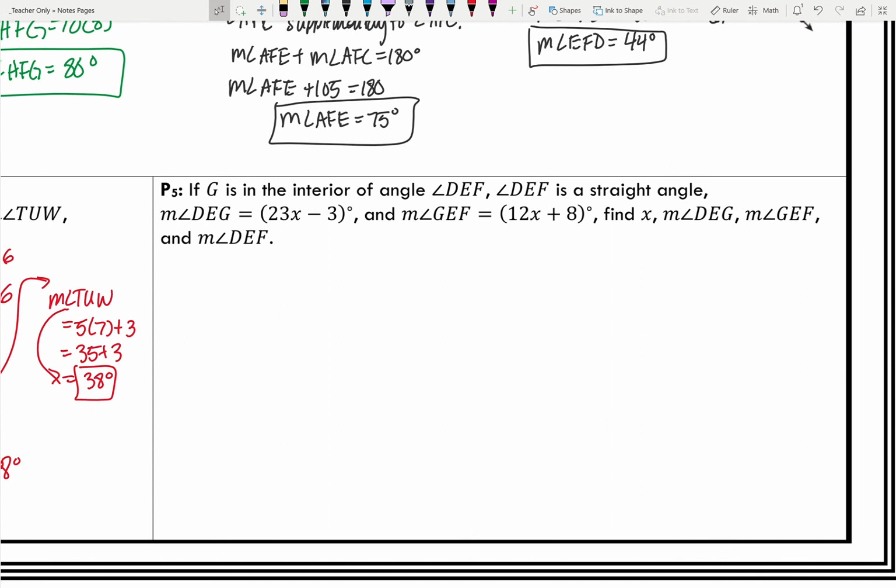Okay, if G is in the interior of angle DEF, and DEF is a straight angle, that means that the measure of angle DEF is 180 degrees. The measure of angle DEG is 23x minus 3, and GEF is 12x plus 8. Find x and the three angles. Okay, let's draw this one out.